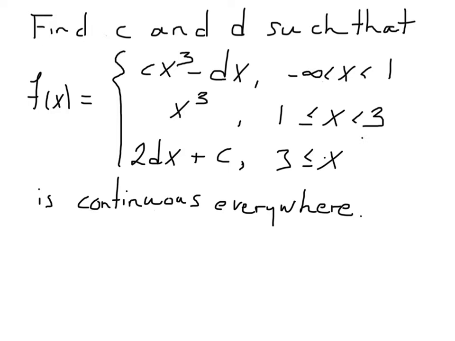When x is strictly between 1 and 3, f is defined by a polynomial function. And when x is bigger than 3, f is defined by a polynomial function. Regardless of what c and d are, we can say that f is continuous on each of those intervals, just because polynomial functions are continuous. So let's write that down. All right, so solution.